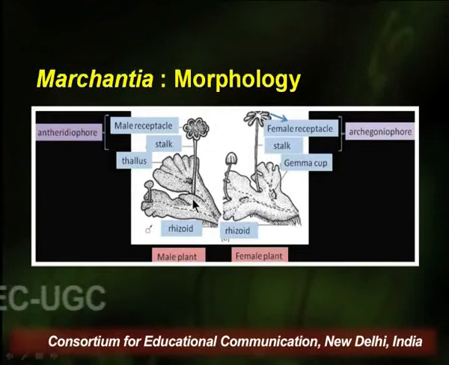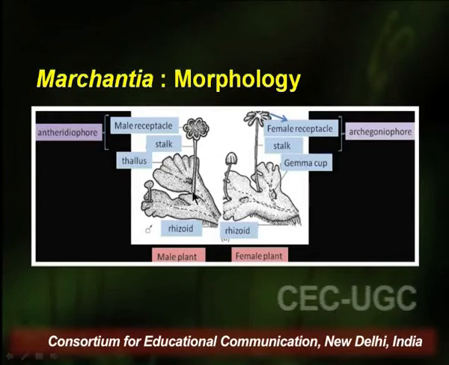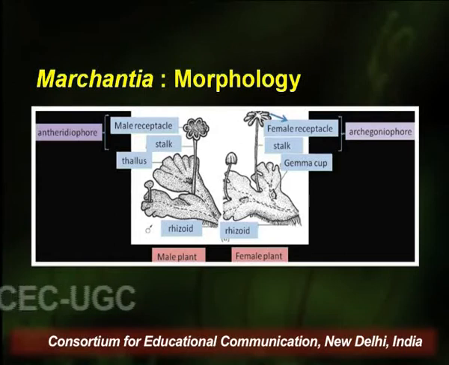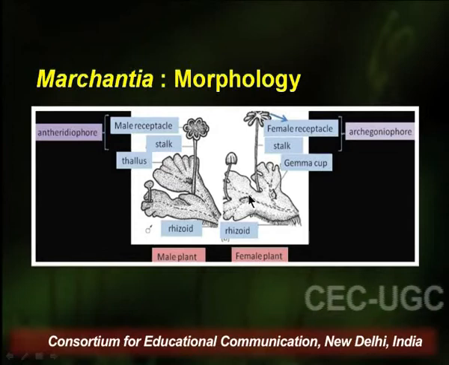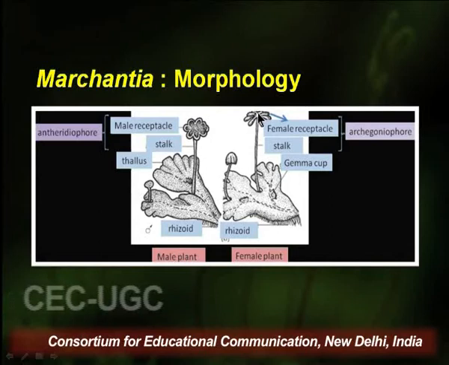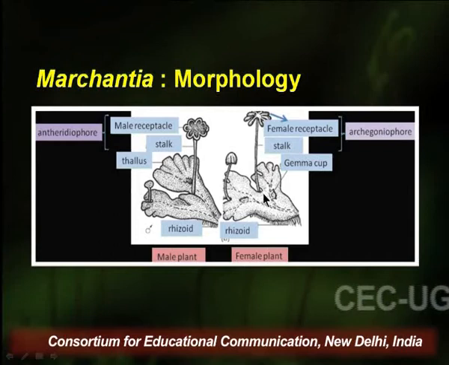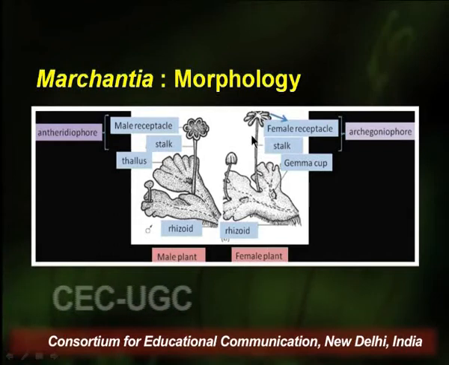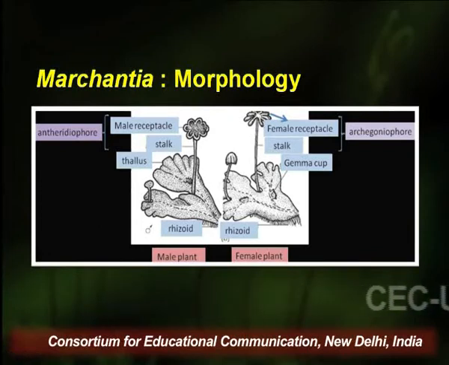The position of antheridiophore is always at the apical portion of the growing branches. Similarly, in a female plant, the archegonia are borne on a female receptacle which has a stalk-like structure connected all the way to the thallus. These female receptacles bear archegonia on their surface.